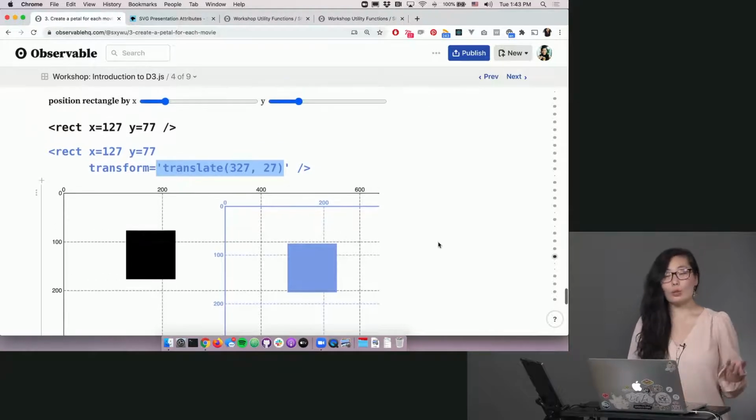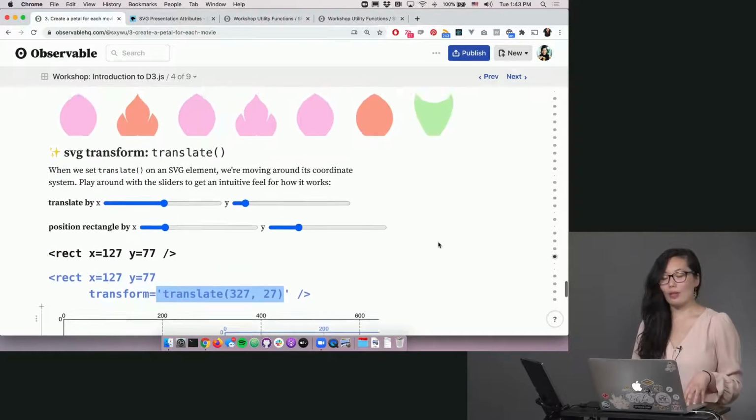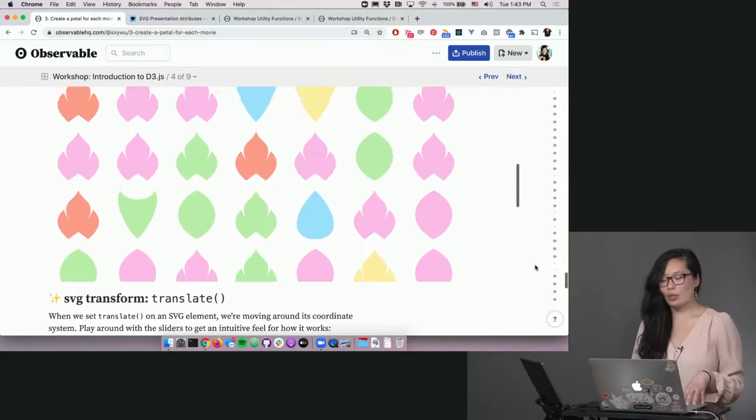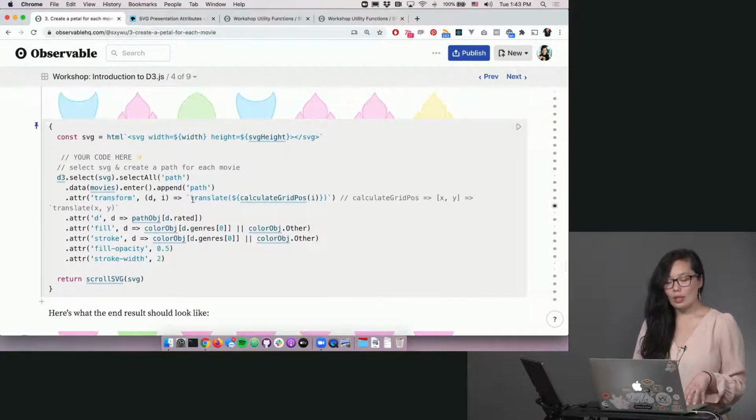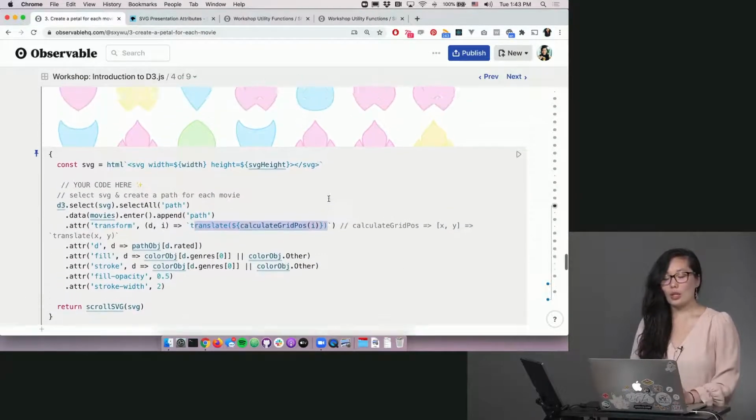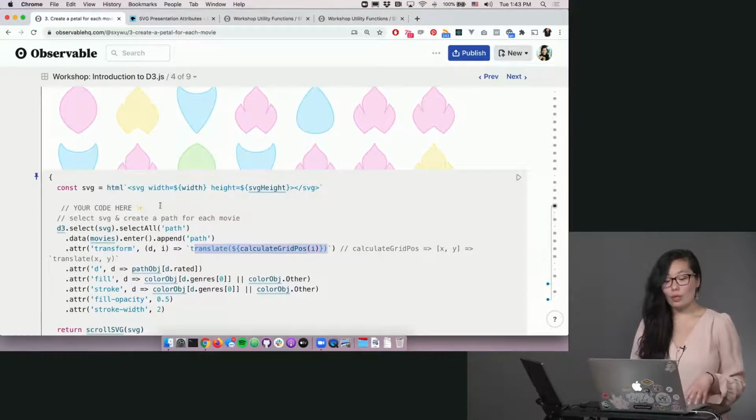And the reason why I wanted to bring that up is because you might have noticed that in our example, we used a translate on our paths, and translate is very, very useful.